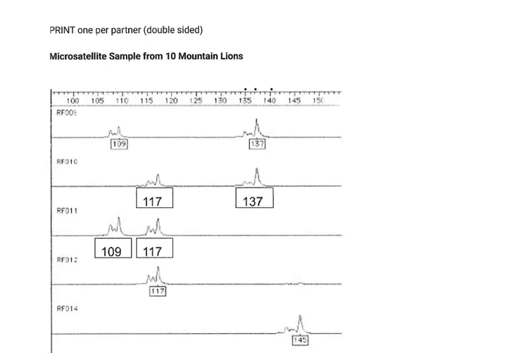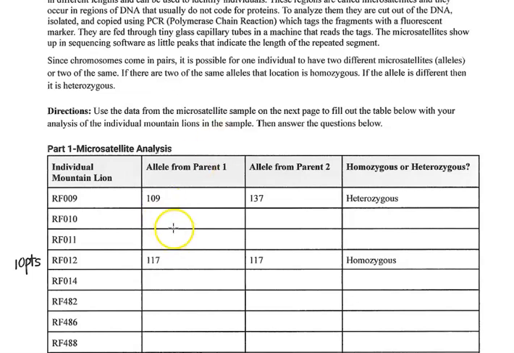And then over here, this one's at 109. So let's go back to our paper. Allele from parent 1, 109. Allele from parent 2 is at 137. And because they're different, that's heterozygous.